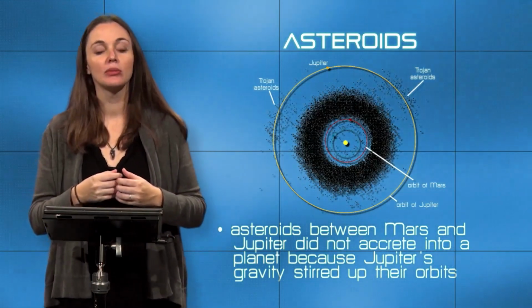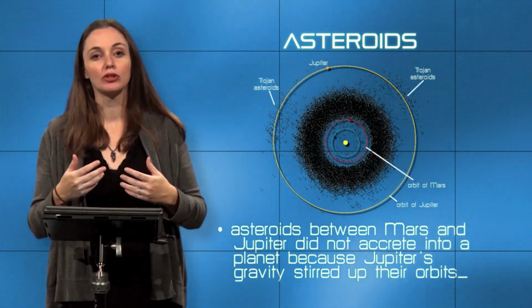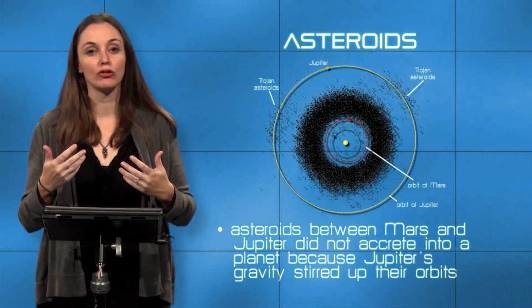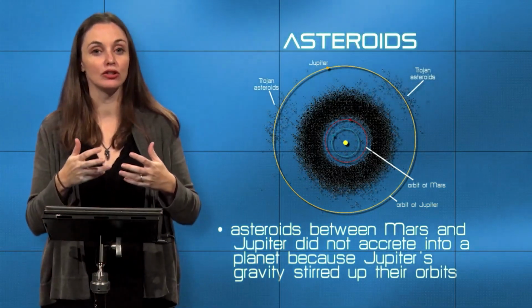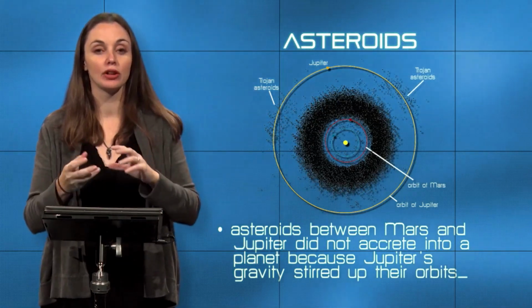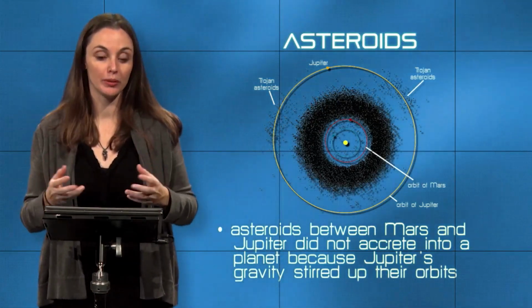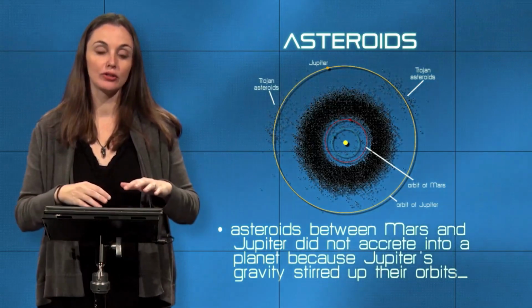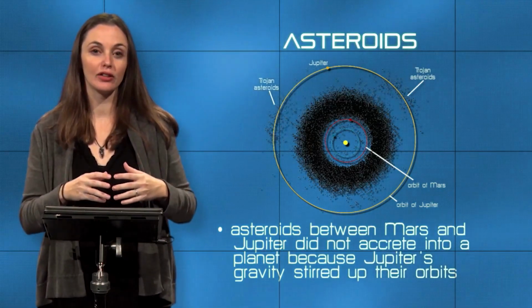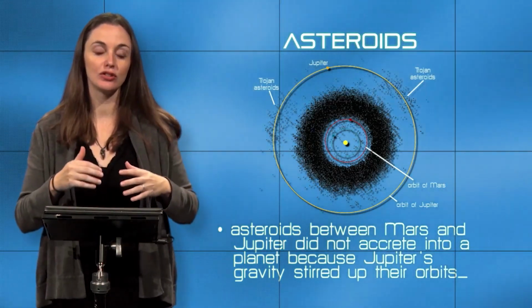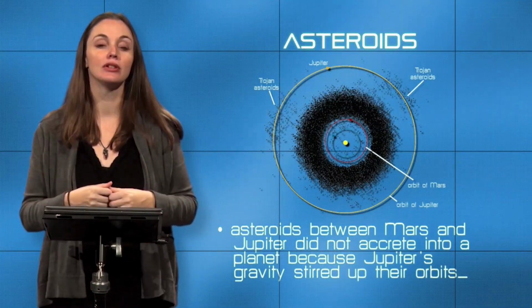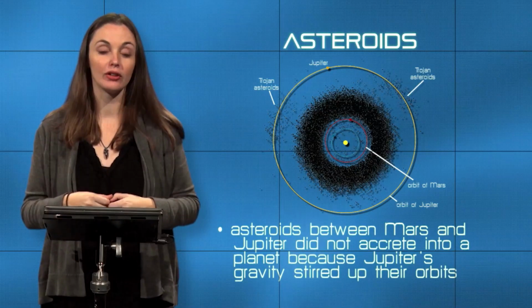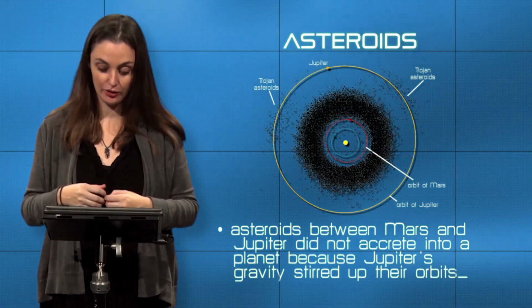It's similar to the same gravitational process that keeps the ring systems really close to a Jovian planet in check and doesn't allow those objects to accrete together to form a moon. So all of these individual asteroids don't collide together. They maintain somewhat of a distance from each other, and now you just have thousands and thousands of little bits of material all orbiting around the inner solar system just past Mars.